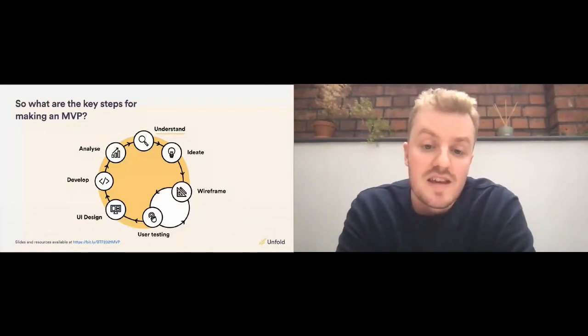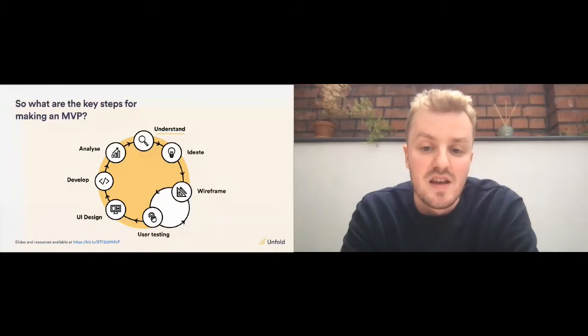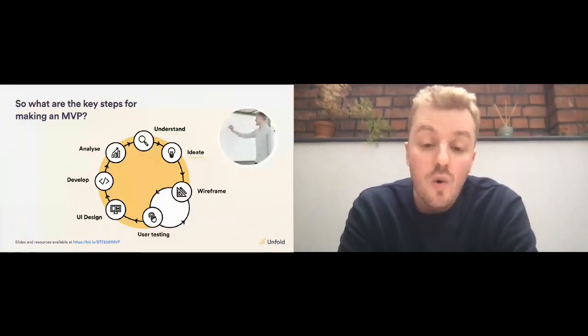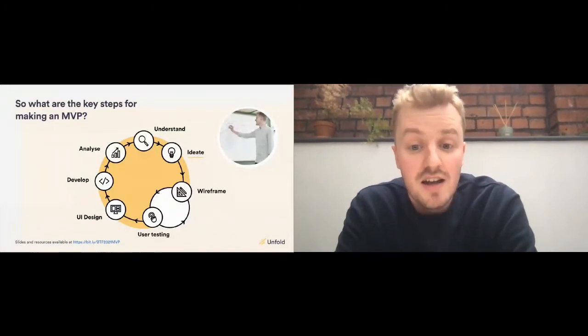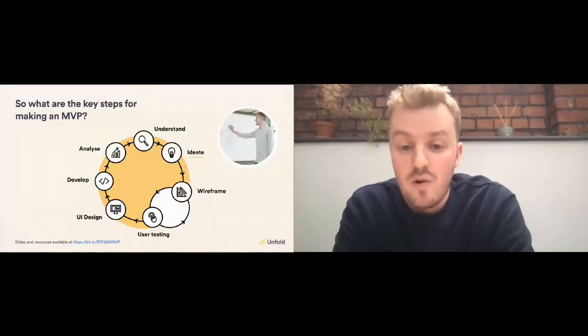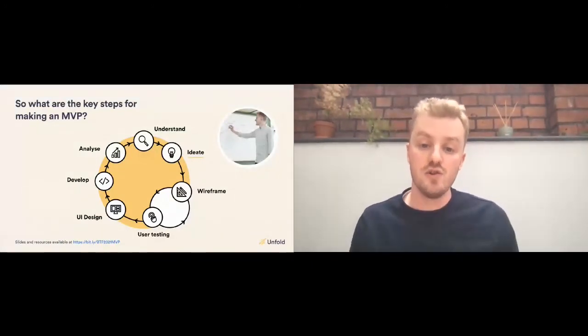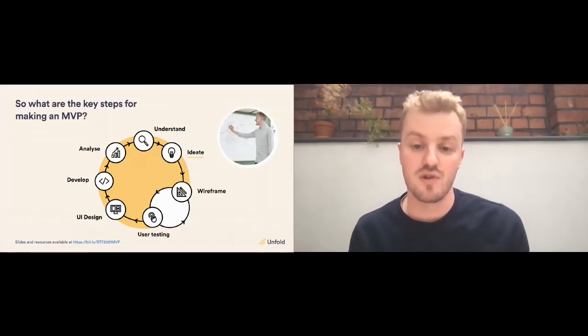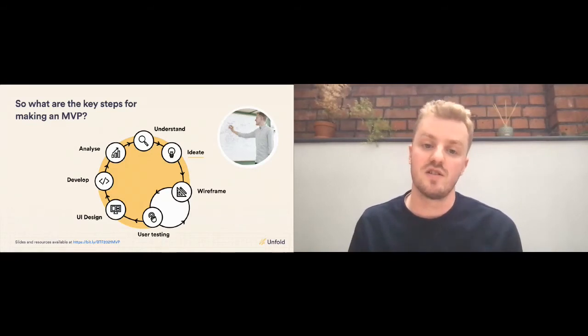One of the key parts of our process is the idea that quantity of ideas in the early stages is better than the quality of ideas. We try to generate huge amounts of different variations and different ways of solving the problem that we've decided we're going to try and solve.